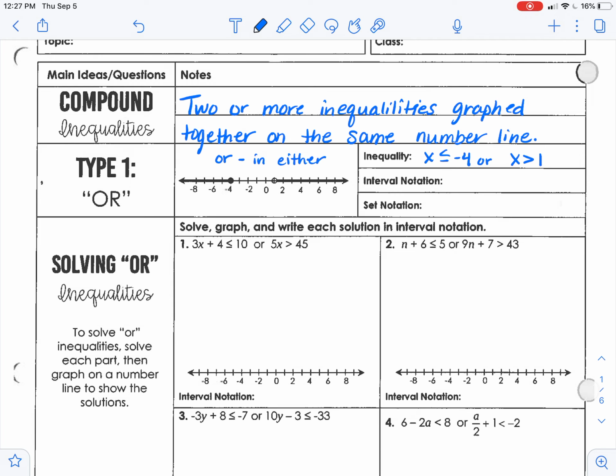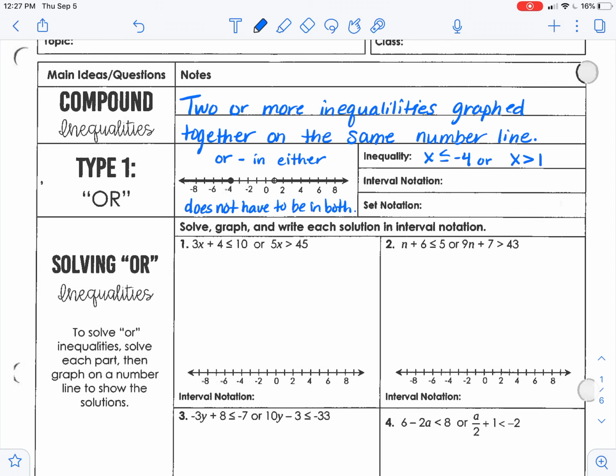We could say it's less than -4 or it's greater than 1. It does not have to be both. So or does not have to be in both, just one or the other.